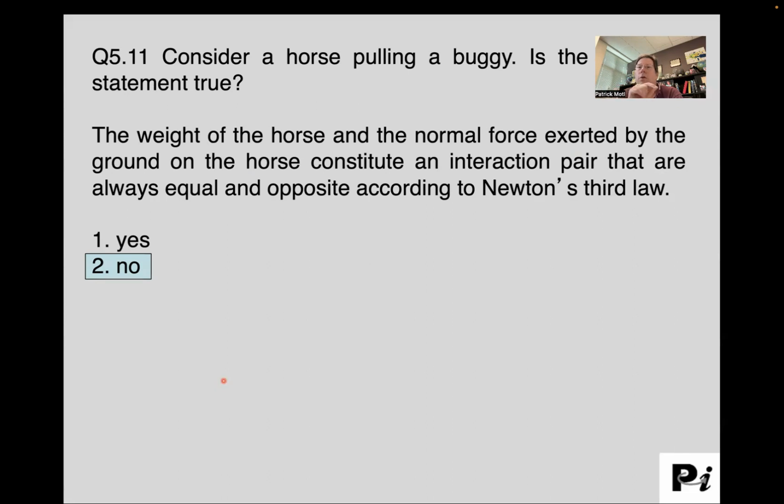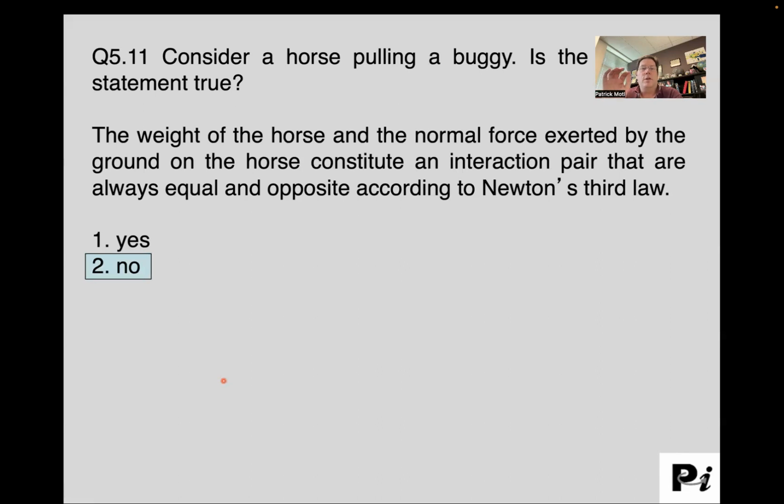Okay. So I have two forces on the same object. This cannot be cast in the form of F of C on B is equal to minus F of B on C.